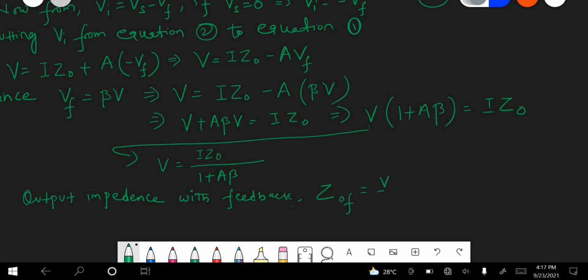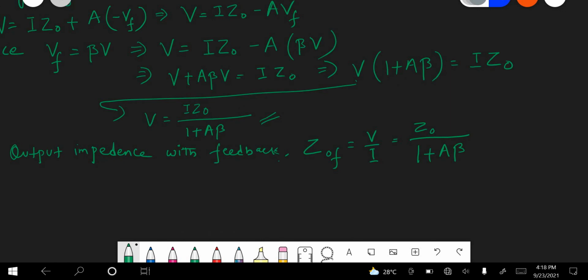That is equal to V by I. So V we have already got here, that will give me finally Z0 divided by 1 plus A beta. So we are getting finally the output impedance with feedback is given by ZOF is equal to Z0 divided by 1 plus A beta. So this is the relation.